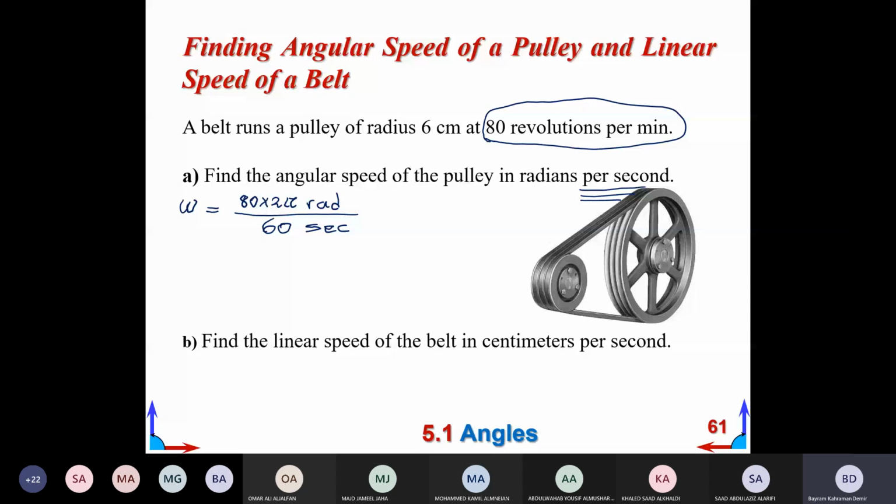So which is equal to, after you simplify, these 2 and 6 will simplify, we'll get 3 here. So it is 8 pi over 3 radian per second.